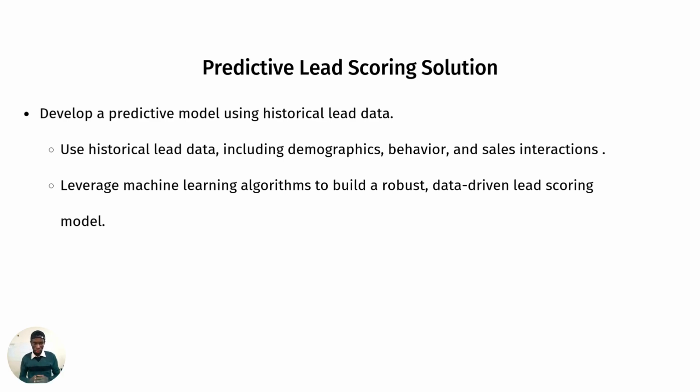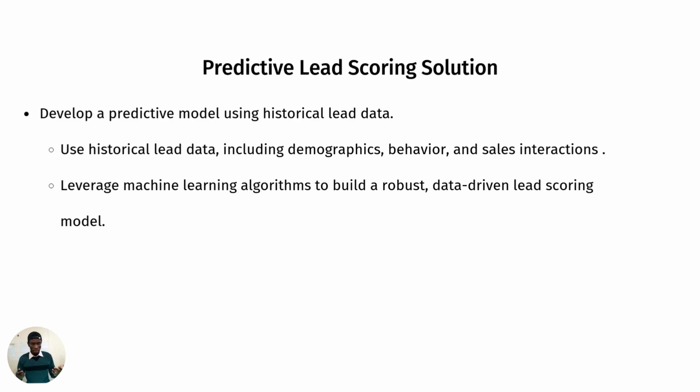So we are going to develop a predictive model for this, and generally we are going to be using historic data. This historic leads data will include the demographics and behaviors of the different prospects, and also the different sales interactions that SkillUp has been using so far. Based on this data, we are going to leverage machine learning algorithms to build a robust, data-driven lead scoring model.